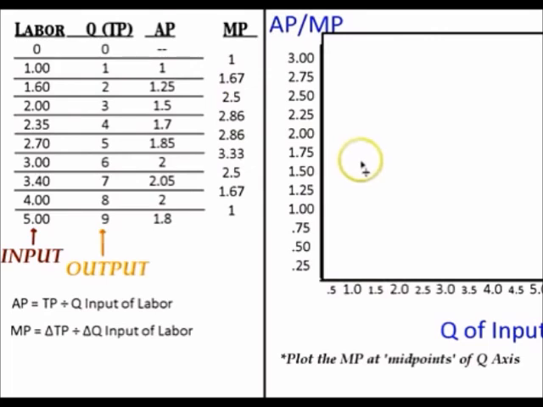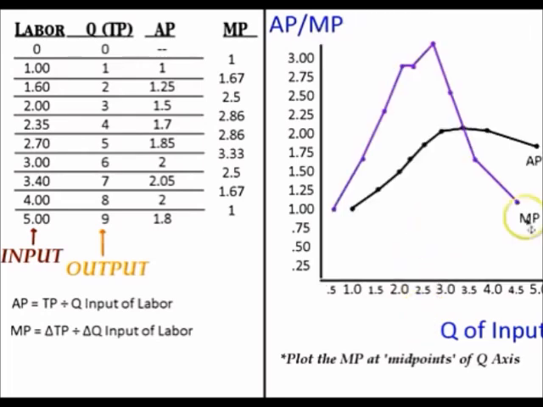So make sure that marginal product you are plotting at the quantity midpoints. Go ahead and pause the video, sketch out the graph, plot the points. If you did this correctly, this is what you should have come up with.